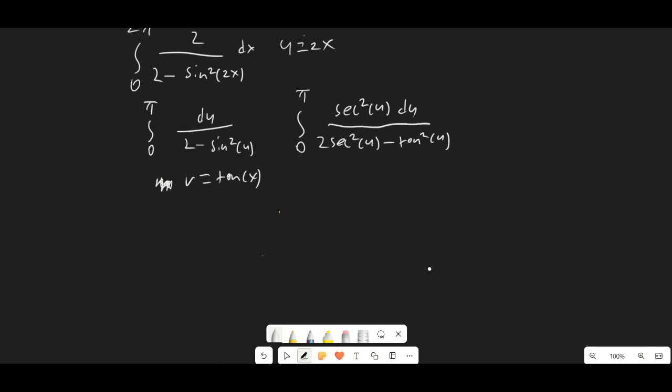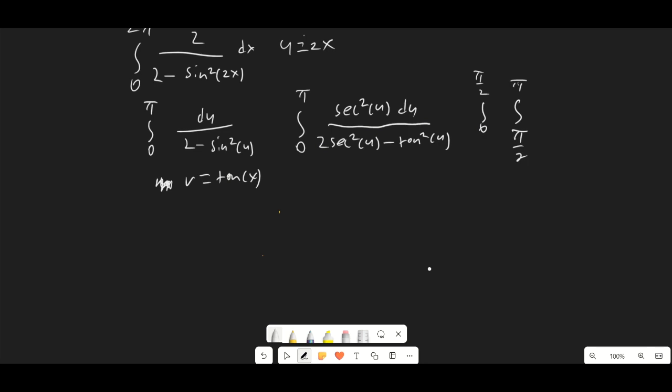So we actually get a little bit of a split integral here, which is not very fun. So we'll split this up into integral from 0 to pi over 2, and integral from pi over 2 to pi, just because of the tangent function.